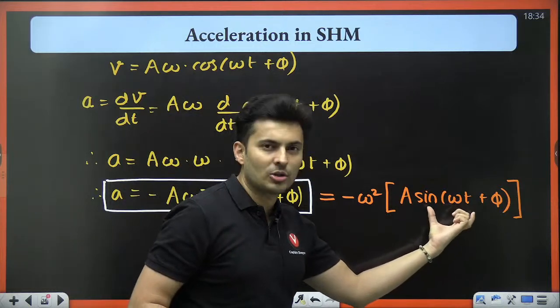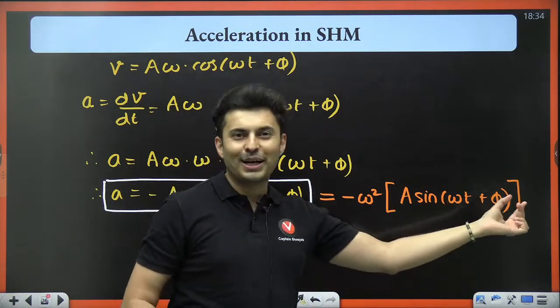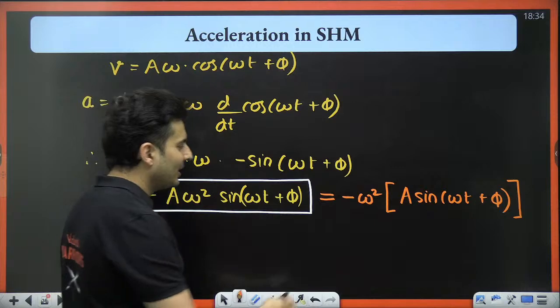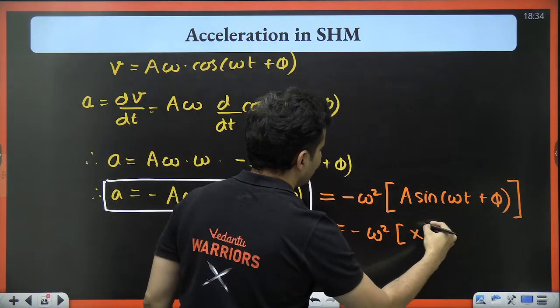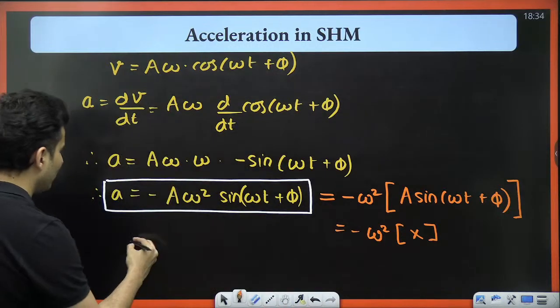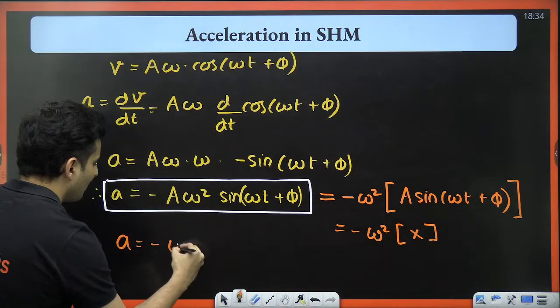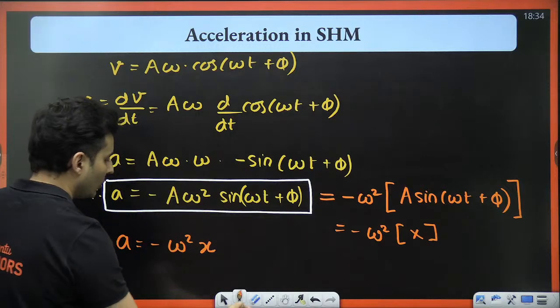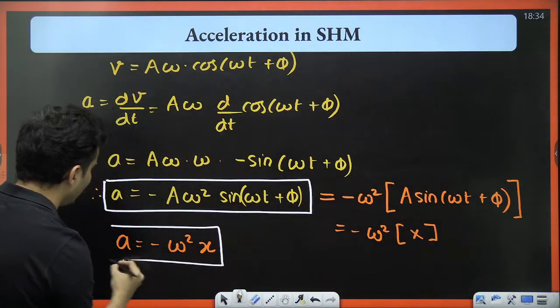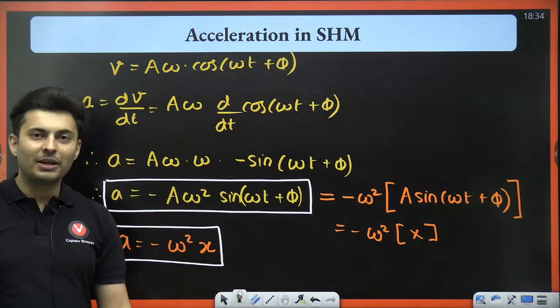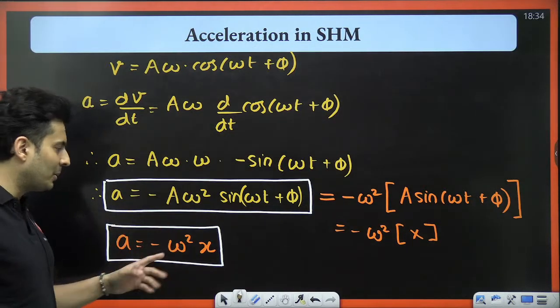Actually, a sine omega t plus phi is x, and that inside is just x. So can I also write acceleration is minus omega square into x? That's another beautiful formula which everybody must know.